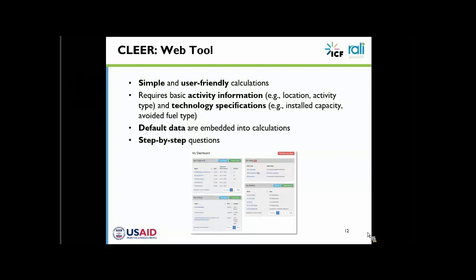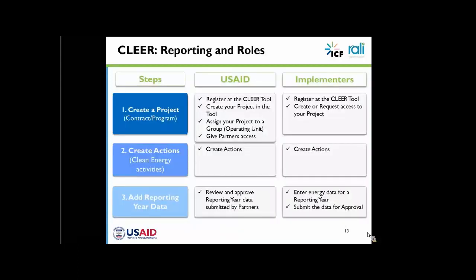But there's a lot of default data that's embedded in the tool, so that with minimal data entry, you can fairly simply calculate your greenhouse gas emission reductions. Also, CLEER stores all the data across projects and across years, so users can track progress over time.